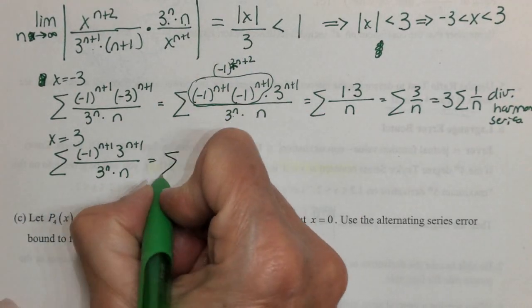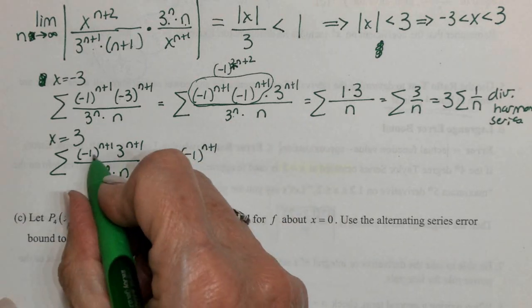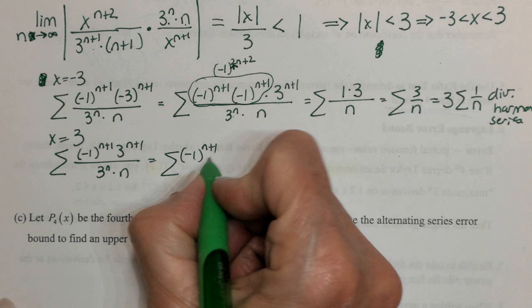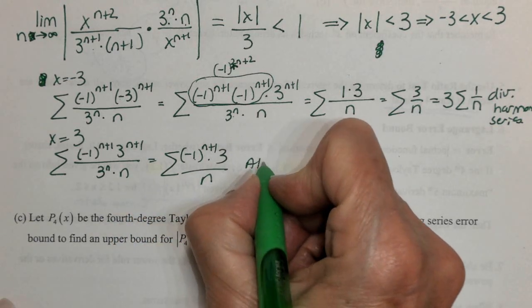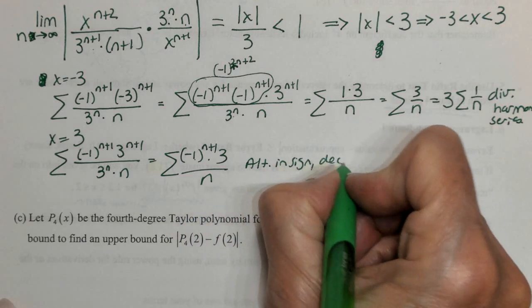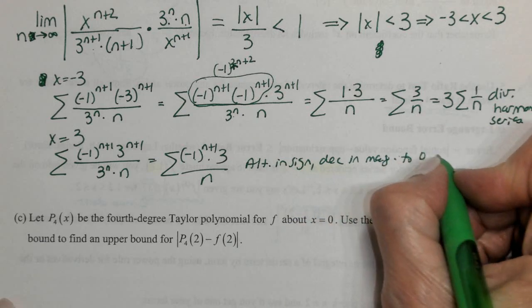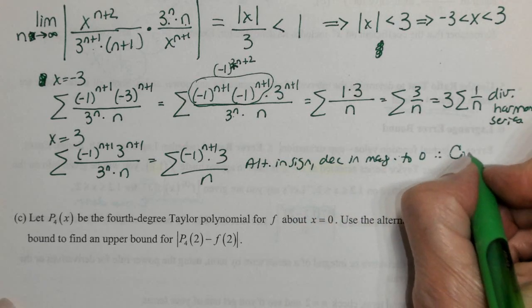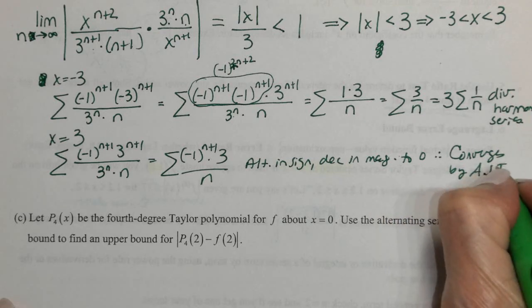Well, this one is still alternating because that's the only negative 1 involved. The 3 is reduced to 3 over n. This is alternating in sign, decreasing in magnitude to 0, therefore converges by AST.